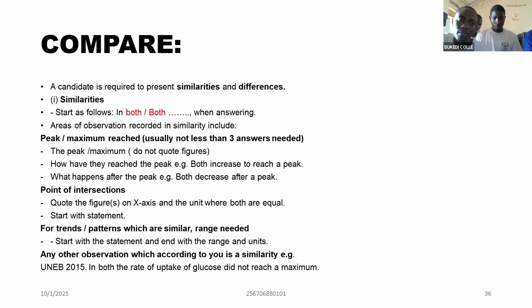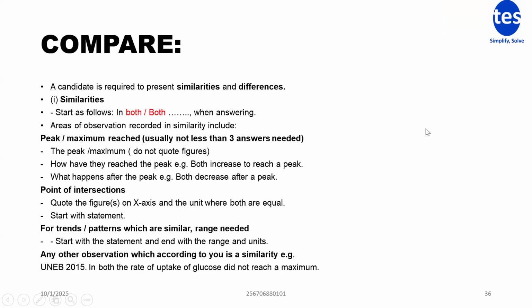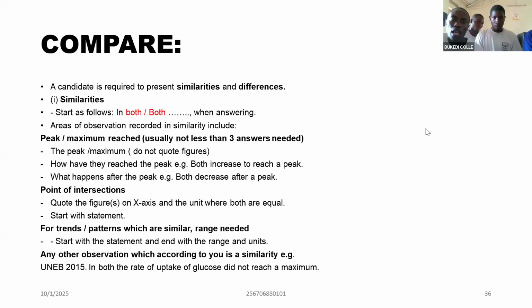Good evening. Good evening to you. My question is on comparison. I'll take you back slightly to similarities. I'm giving the similarities, and I find out that my two graphs are increasing, both of them, but the one is rapid, then the other one is gradual.